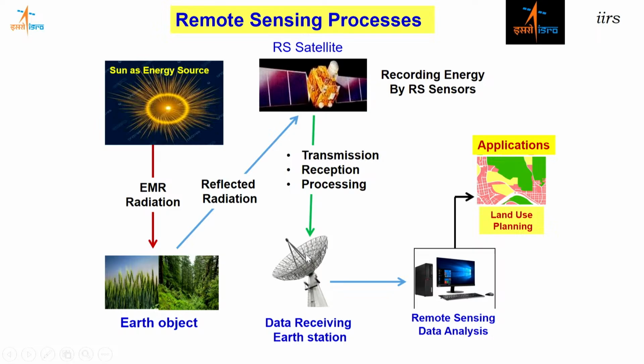There we receive the data, and this data is processed through computer, and we get the remote sensing data. This data is now processed for preparing various maps or to study the various natural resources.